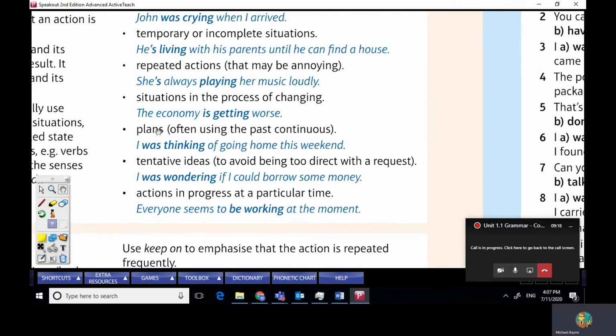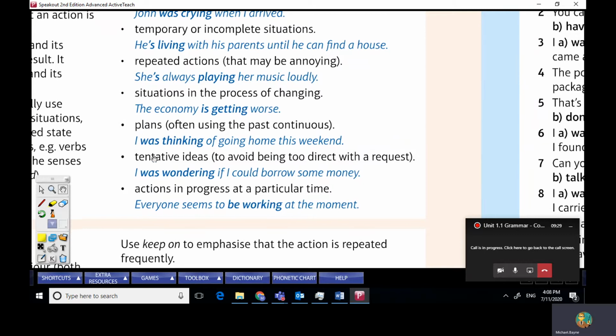We can use it for plans, especially with past continuous. I was thinking of going home this weekend. So it's kind of like that was what I was planning to do. We can use it with tentative ideas. Tentative means it's something you're really not sure of or you're kind of hesitating to do. And this really means that you're trying not to be too direct.